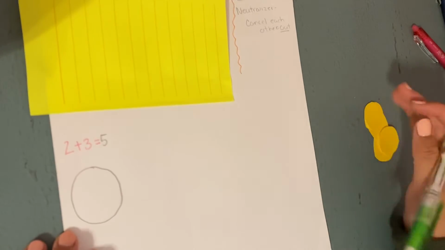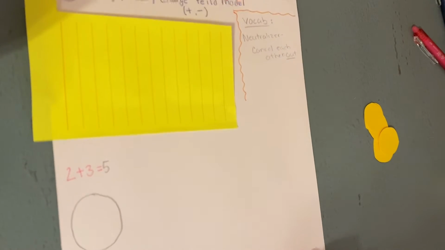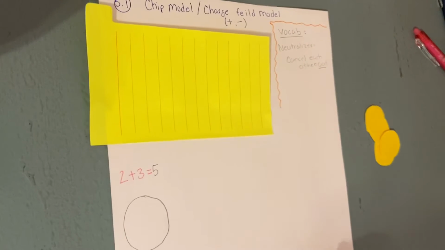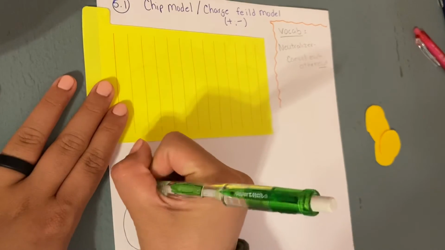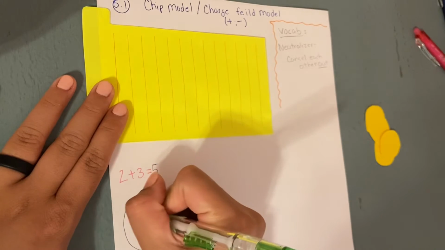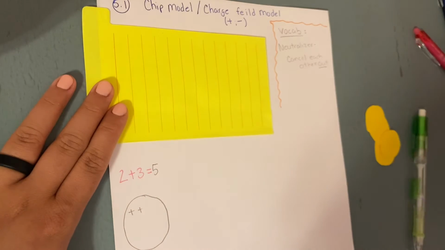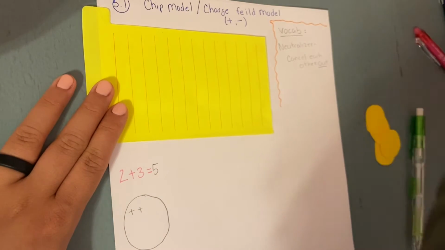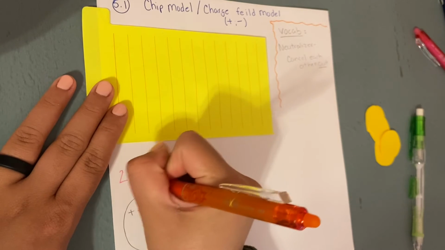Now I'm going to show you the field charge model. We're going to start with a positive sign for a positive model. Since they're both positive, they're both going to be a plus sign. So it's going to be 1, 2 that we started off with. I'm going to switch colors so you can see the ones coming in, the ones we're going to add.